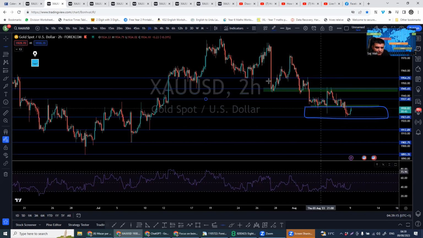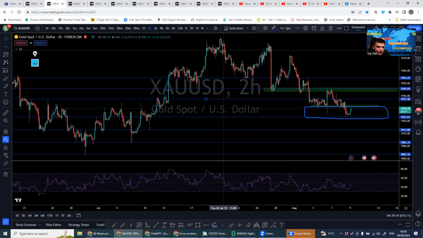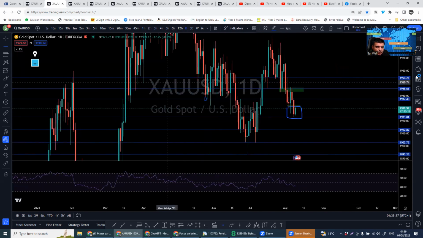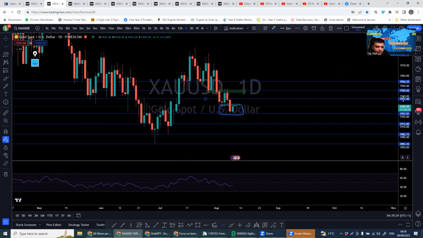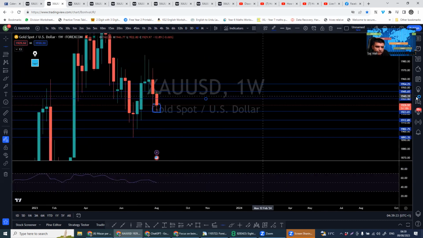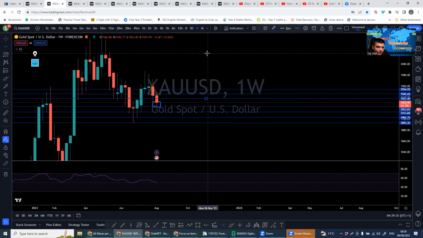However, as I said, this is a channel here, and it's a bearish scenario. Hence, we expect the market to come down. We'll look for sell trades. It's better to look for sell trades, with good probability, because the trend is to the downside.